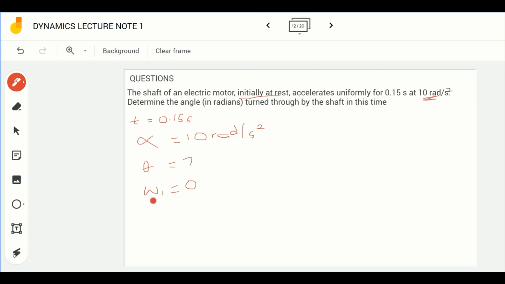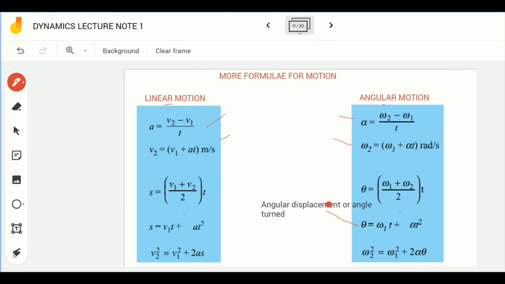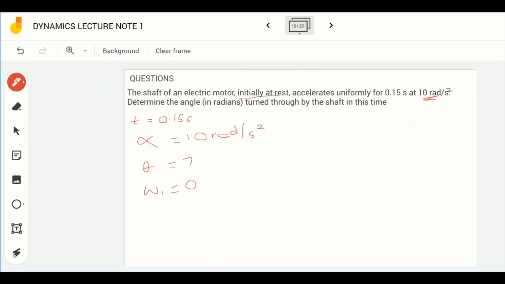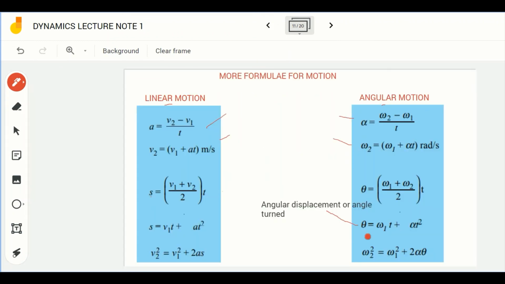Now, which of the formulas right here can we use to solve this question? I can use this formula here, because I'm given the time, the initial angular speed, and the angular acceleration.